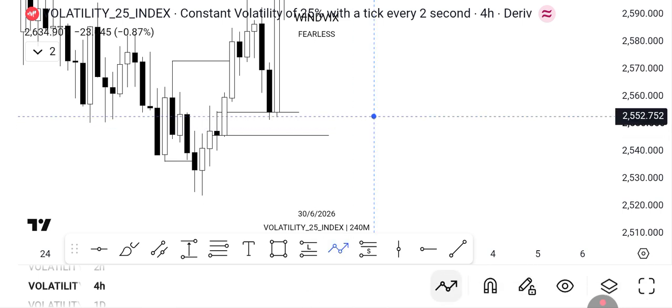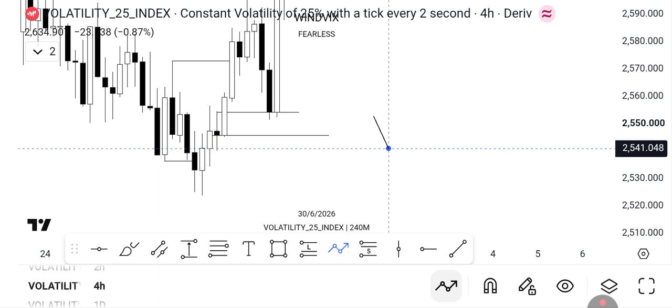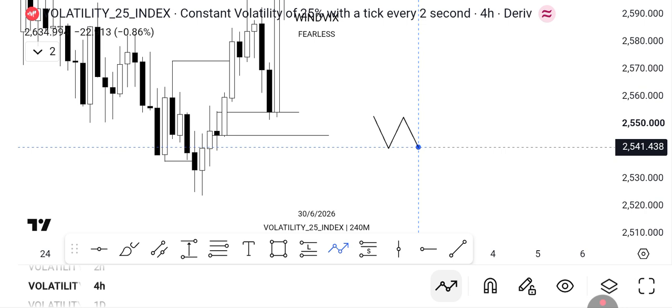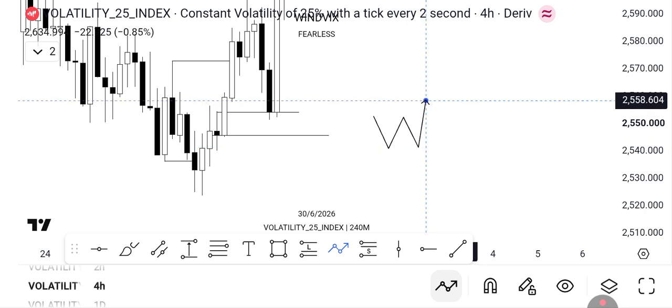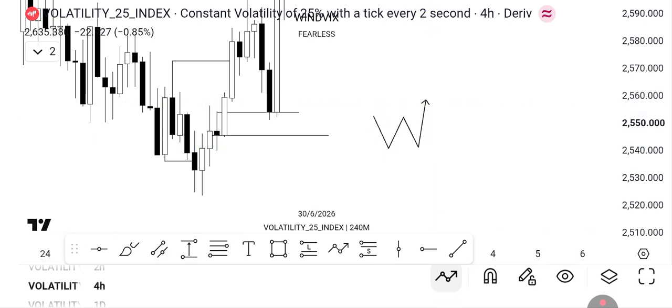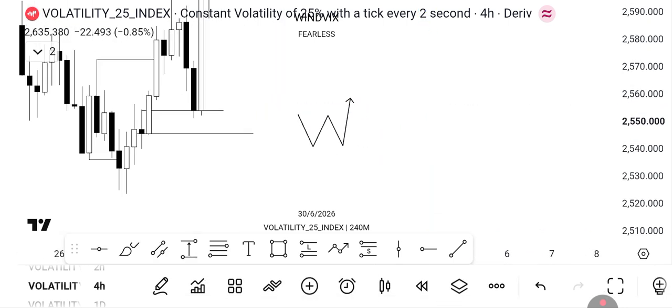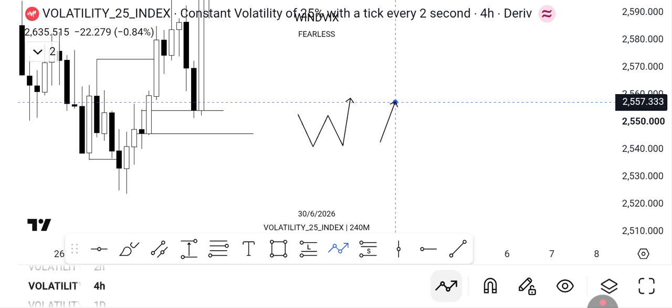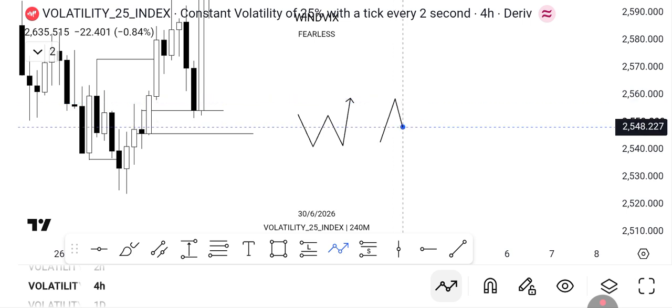The first one is the W pattern, the second one is the M pattern. The W pattern is for the buy, the M pattern is for the sell.